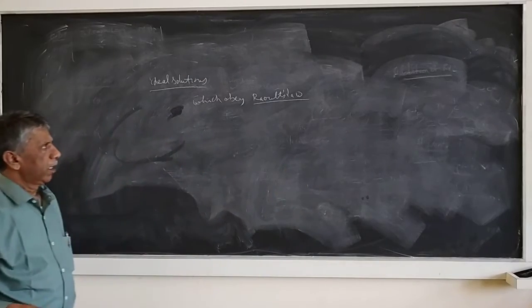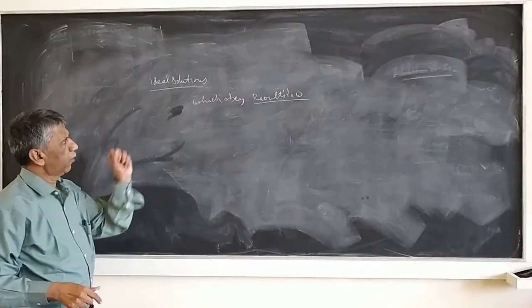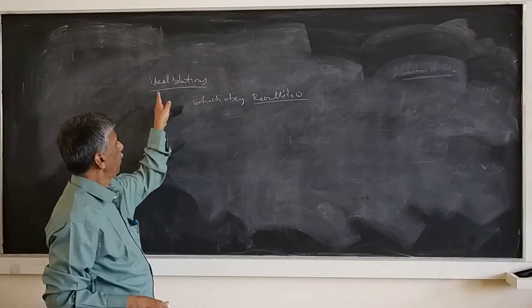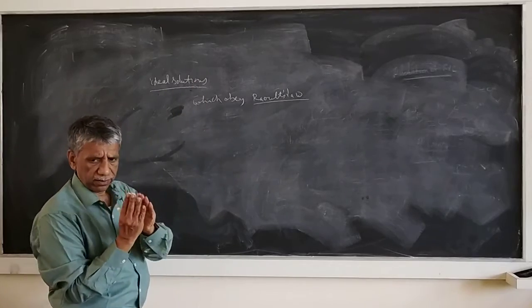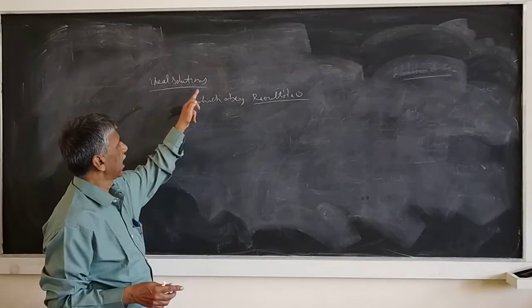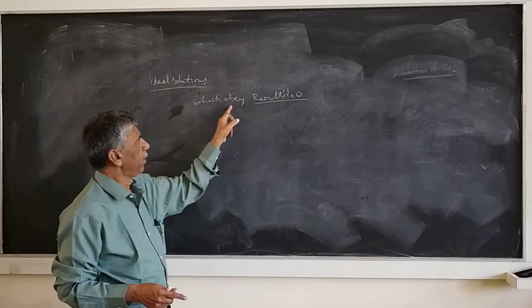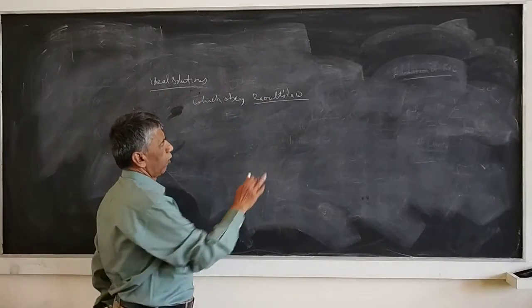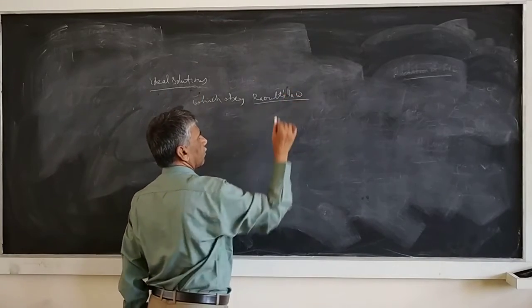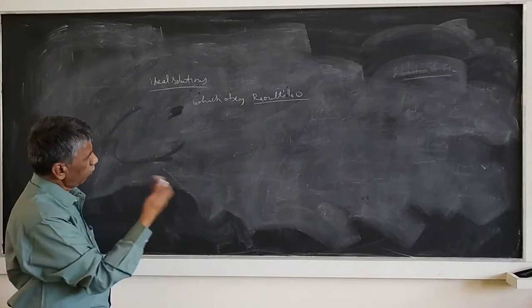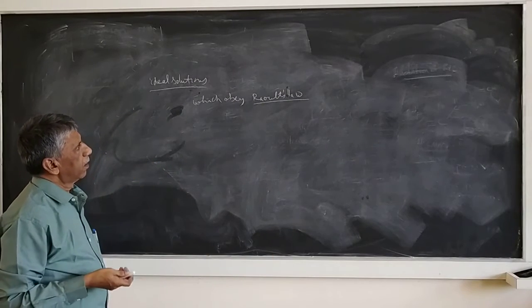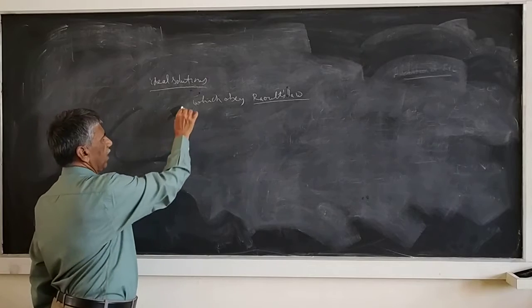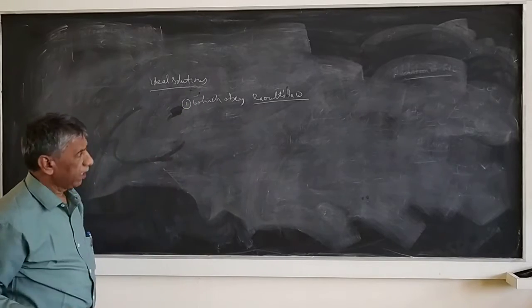So this is one of the conditions to be an ideal solution. A solution is said to be an ideal solution if it obeys Raoult's law. Okay. So now we shall go for what is Raoult's law. This is one of the conditions.